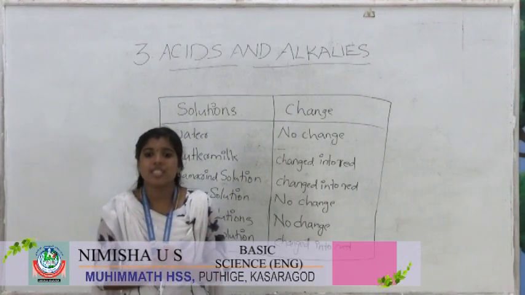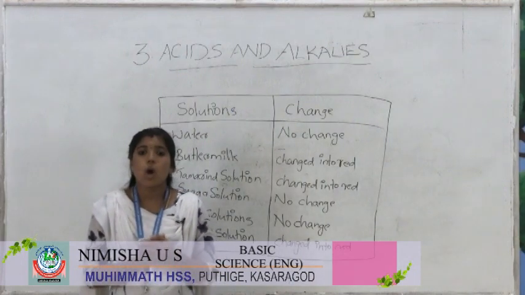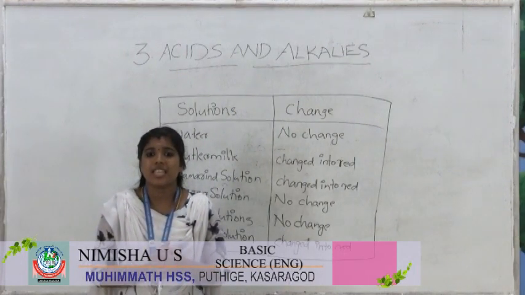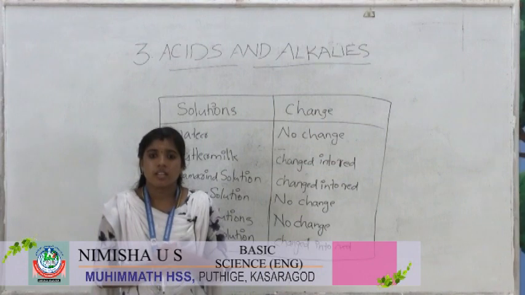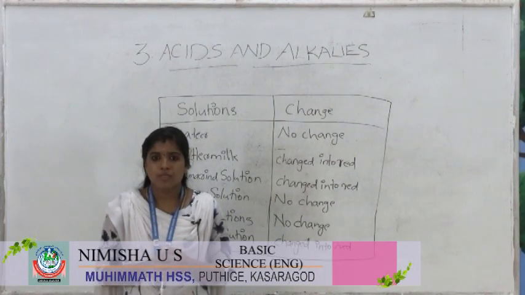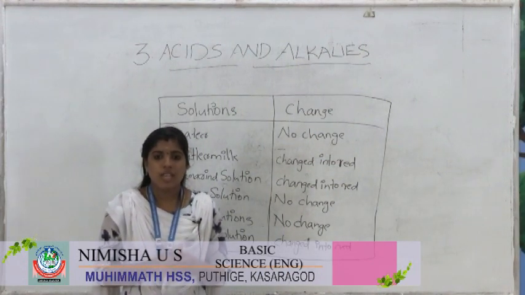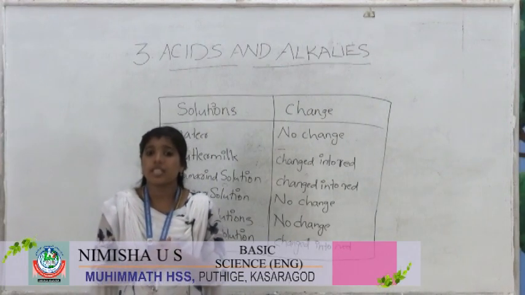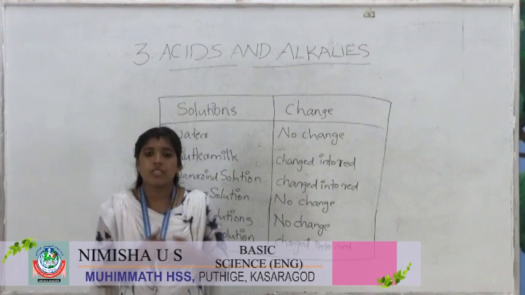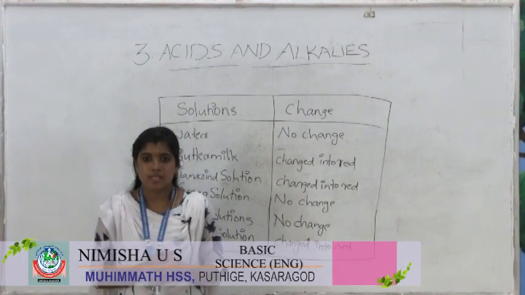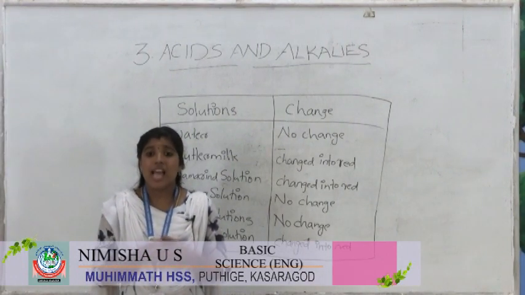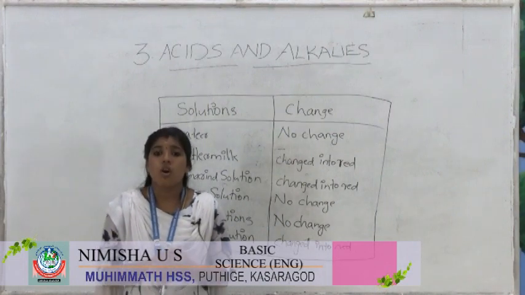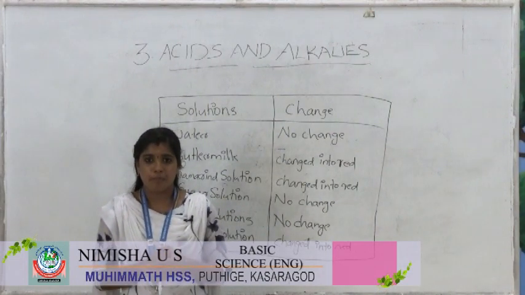The acids are certain compounds that are seen in different food materials. Also, these acids are used in laboratories for doing different experiments. So, the acids are sour tasted compounds.